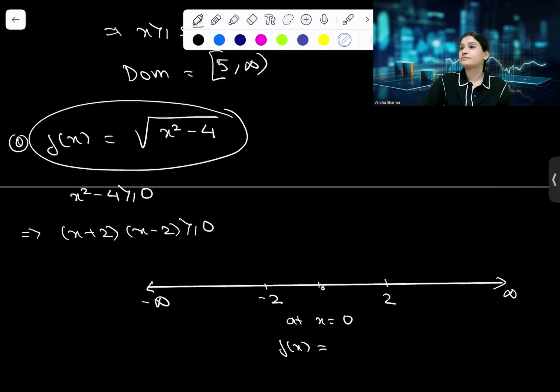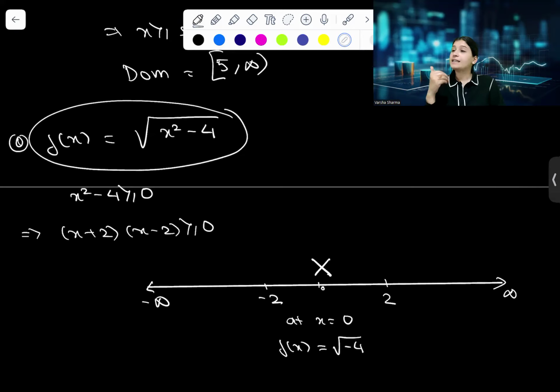What will I get? Am I allowed to have this answer? No, ma'am. So this can't be your answer. Since 0 is not my answer, whichever portion 0 belongs in, the entire portion cannot be my answer. So from minus 2 to plus 2, that's not your answer.